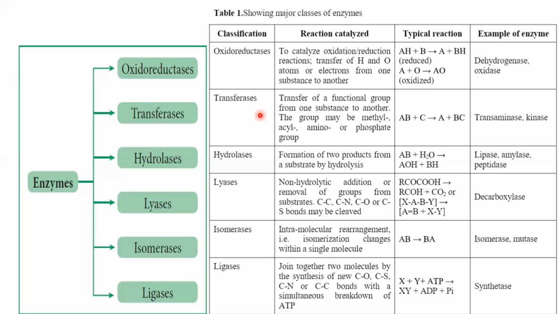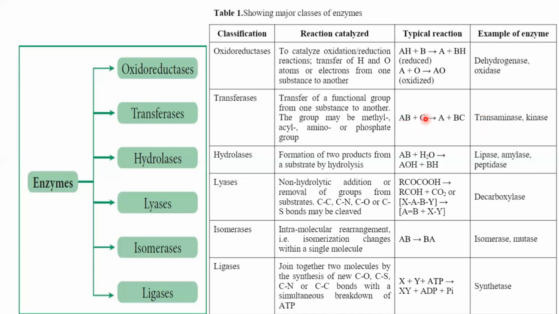Then transferases. Transferase enzymes will transfer one molecule from one substrate to another molecule. That is the function of the transferases. A few examples are transaminases and kinases. So here A has a B with it, and C is another substrate.